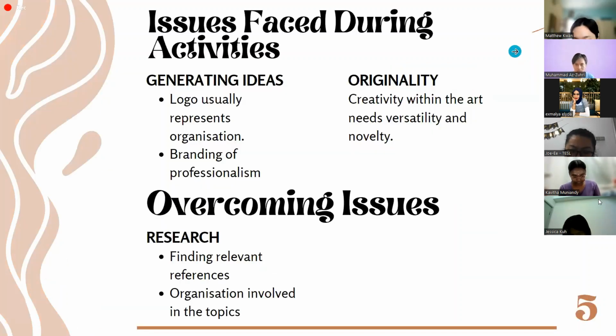Okay, some of the issues faced during this group task or individual task are basically the same as others: generating ideas. The logo usually represents organizations, but our topic is sexual harassment, so it's focused on just one topic. Usually a logo represents a whole idea, that they are supposed to protect against social problems in general, but ours is only focusing on one topic.